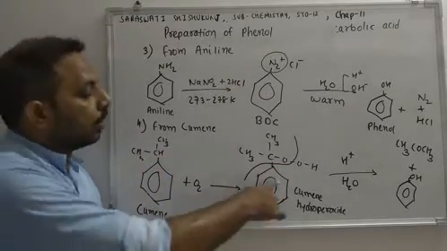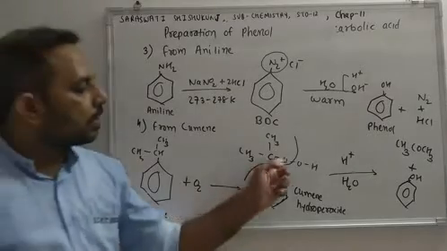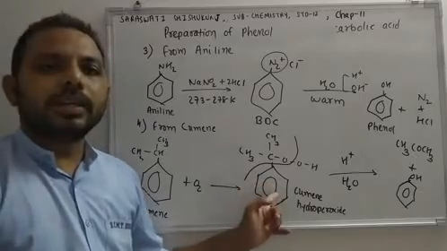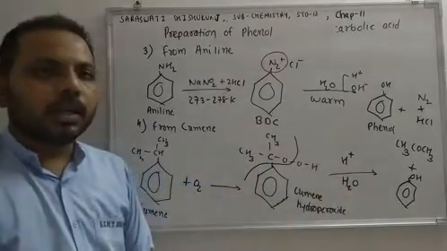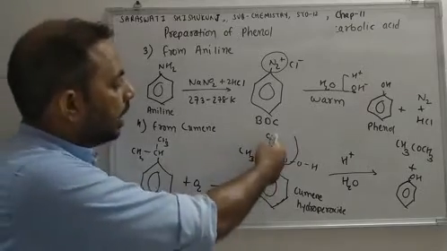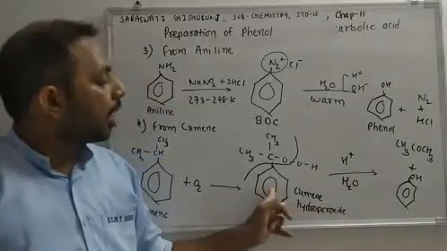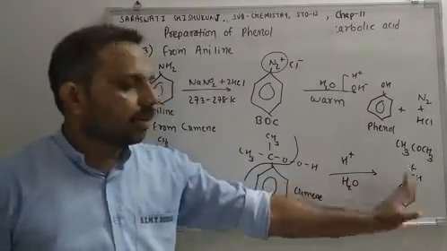So we will get cumene hydroperoxide. Hydroperoxide means addition of oxygen. This cumene hydroperoxide will react with dilute acid. So we have written H plus H2O. It will break this bond and form CH3COCH3, which is known as acetone, and it will form our main product, that is benzene plus OH, that is phenol. So we are getting phenol.